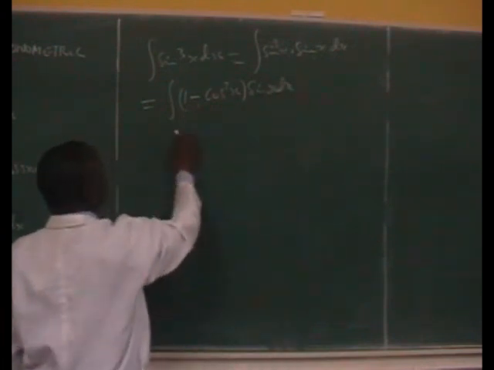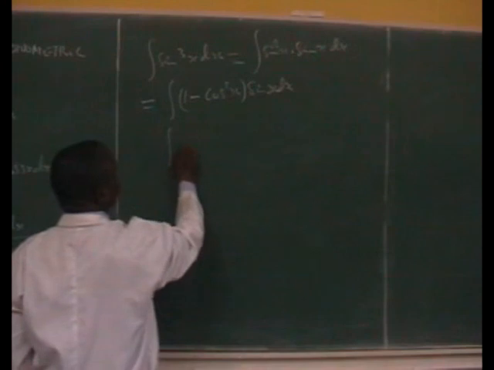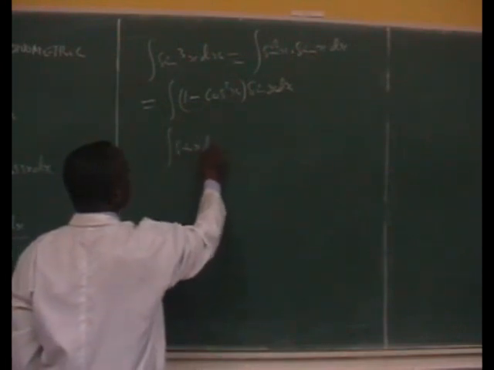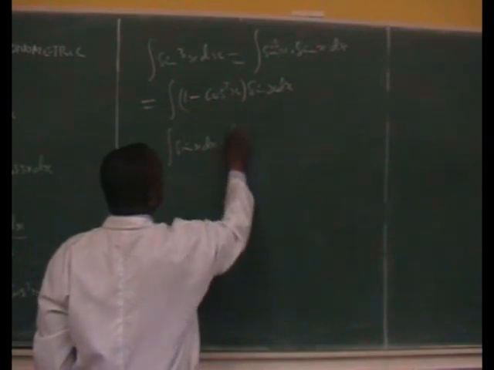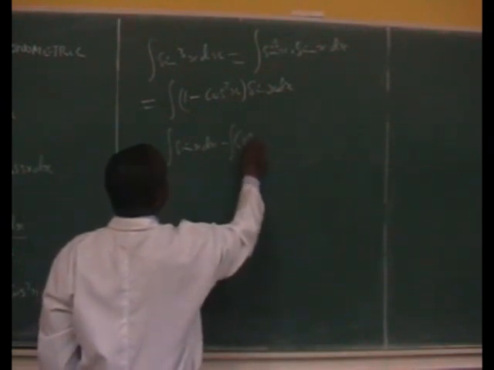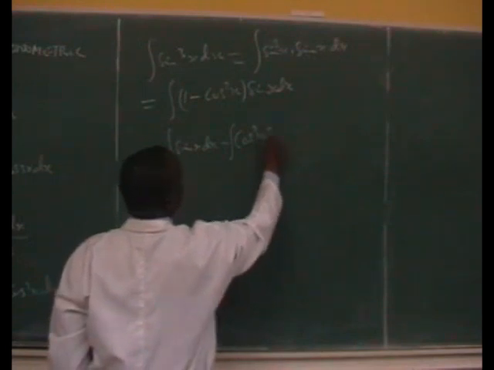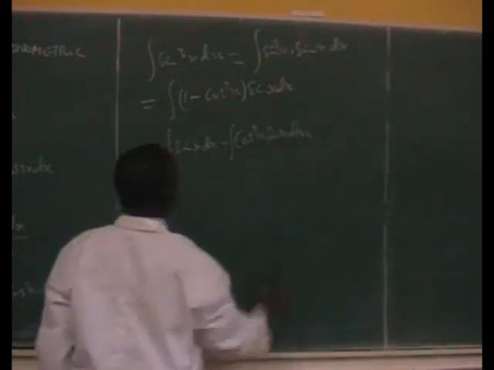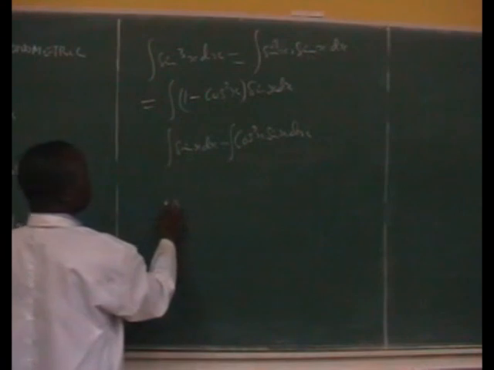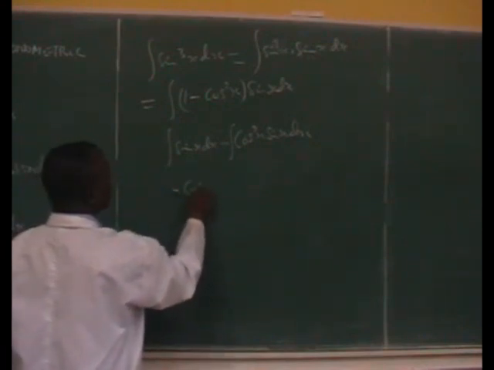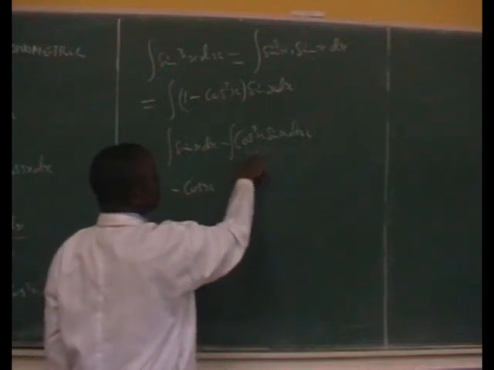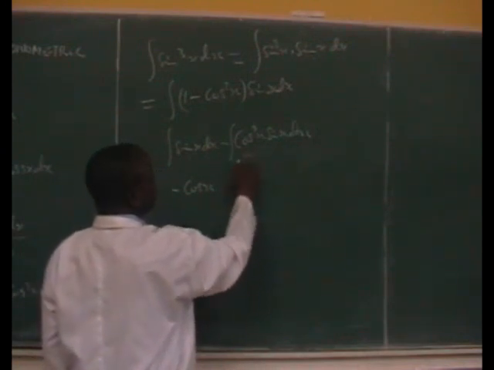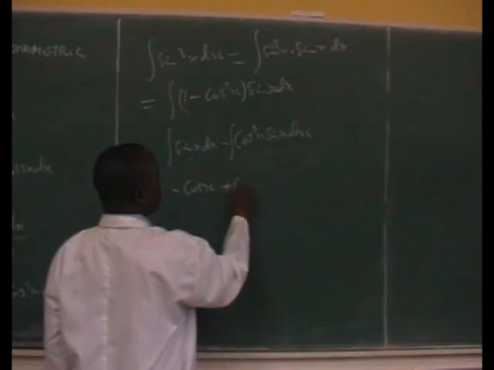So if I multiply it out, I will have integral of sine x dx minus integral of cos square x sine x dx. So if I integrate this, I will have minus cos x, and then if I integrate this, I will have plus cos cube x all over 3 plus c.